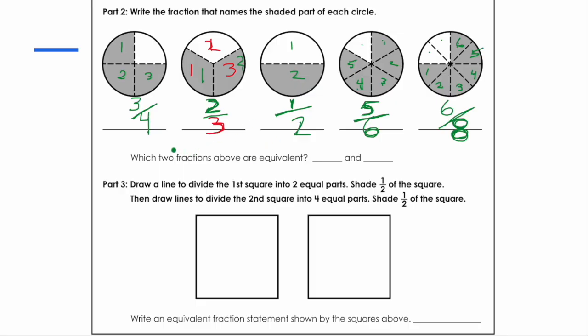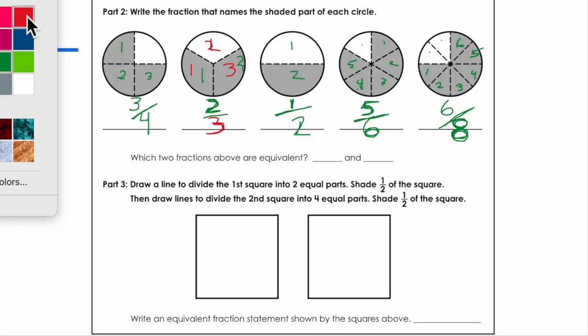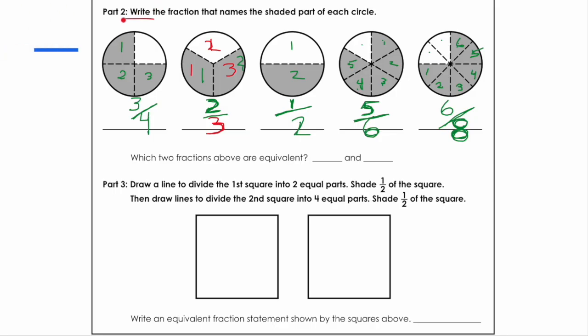And if we look carefully, we can see that that same amount of gray is going to be 3/4 and 6/8. Again, it's this shape right here. There are 2 slices there.